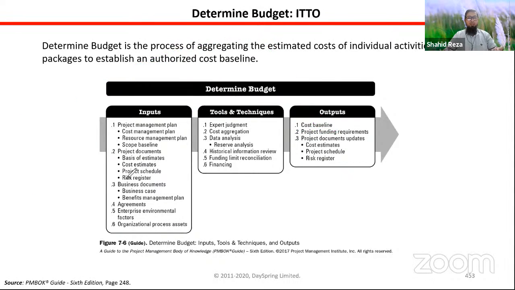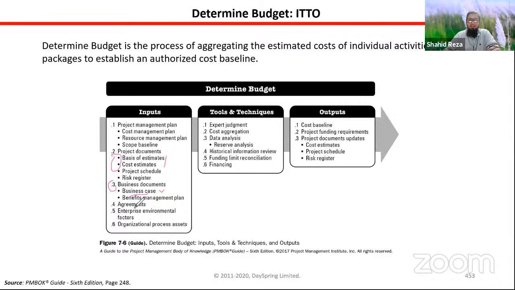All right. So see what will be the input here. So main inputs are these two, cost estimate for each activity and basis of estimate. All right. And there are some supporting inputs also. Business case. See, business case.